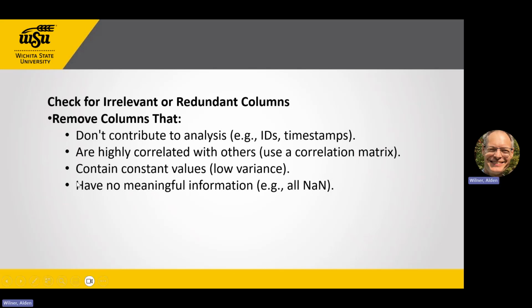We want to look for irrelevant, redundant columns. If it doesn't contribute to the analysis: IDs, timestamps. The Iris data set has an ID 1 through 150 on everything. Those are not really relevant to the analysis, but they do cause funny errors that we can see as part of our examples. Right? Also columns that are highly correlated with the others. We use correlation matrices to see if we've got variables that are basically saying the same thing.